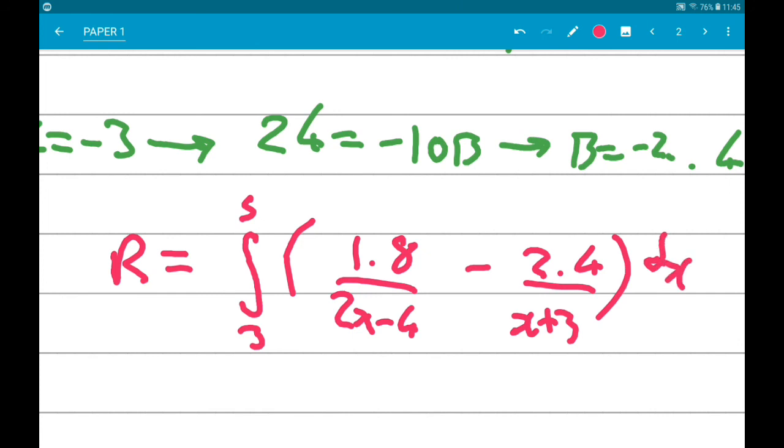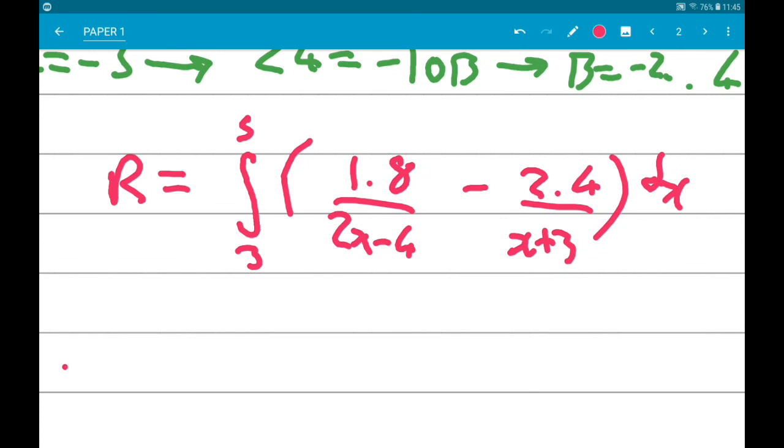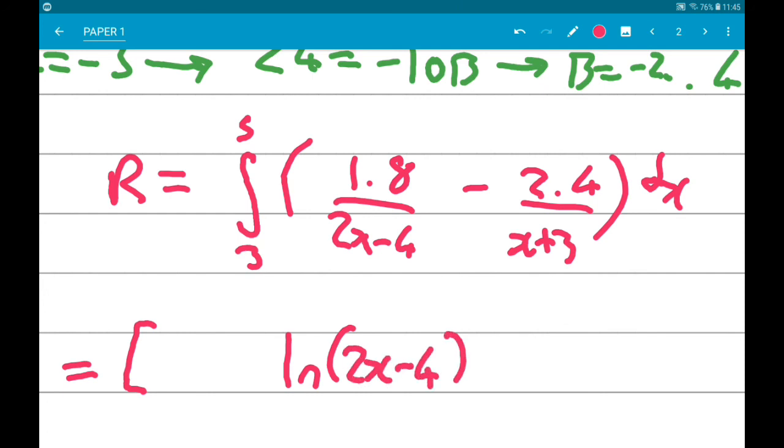Alright, so if we just integrated 1 over 2x minus 4, then we're definitely going to get something to do with a log 2x minus 4. Now, if we differentiated that, we would get 2 over 2x minus 4.